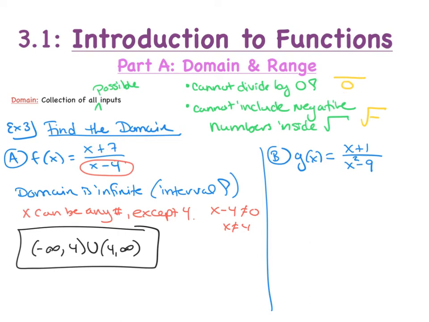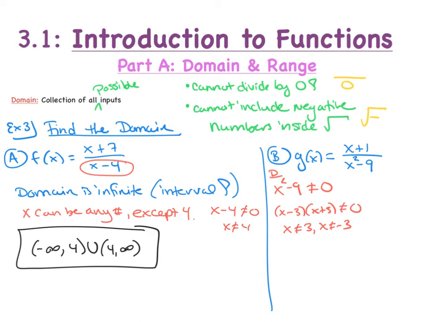So in this case, there are 2 numbers that I can't have. X squared minus 9 can't be equal to 0 for our domain, which means that x minus 3, x plus 3 can't be equal to 0, so x can't be 3 and x can't be negative 3.